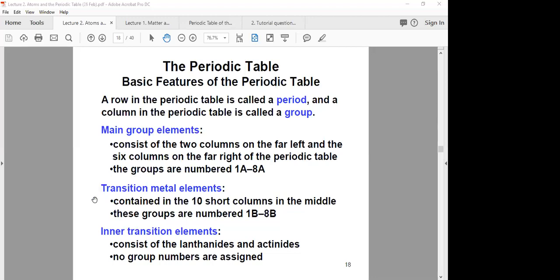Then we have the transition metal elements, and they're found in the 10 short columns in the middle of the table, and they're numbered 1B through to 8B. And then we have the inner transition elements that we rarely talk about. These consist of the lanthanides and actinides, and there are no group numbers assigned to these.